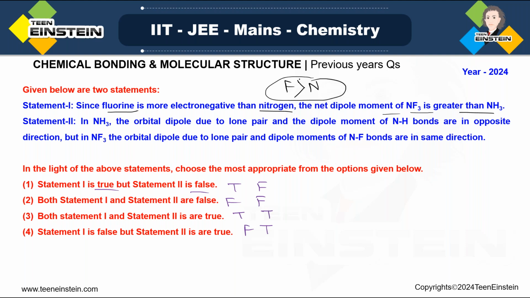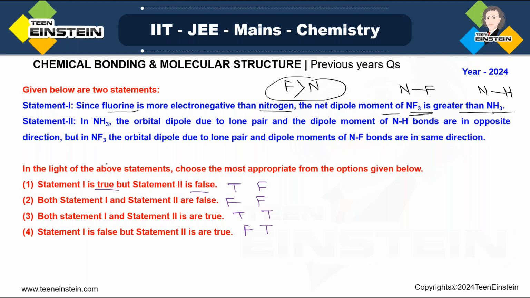So just this fact that F is more electronegative than N is not enough. In these two molecules, N is fixed, just 3 fluorines are replaced by H. And as we are saying that F is more electronegative, so overall NF3 will be more. No, you have to check the electronegativity difference between N-F and N-H. And if in the molecule there is some lone pair, that also you have to check. Fine. So this is the first statement.